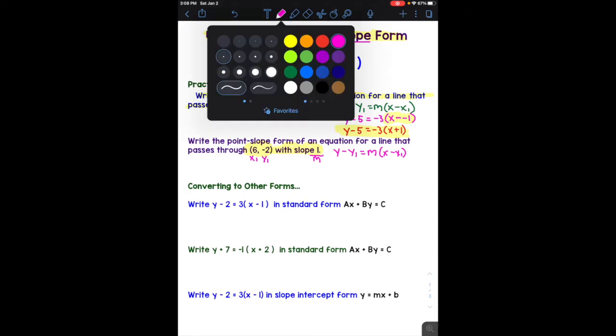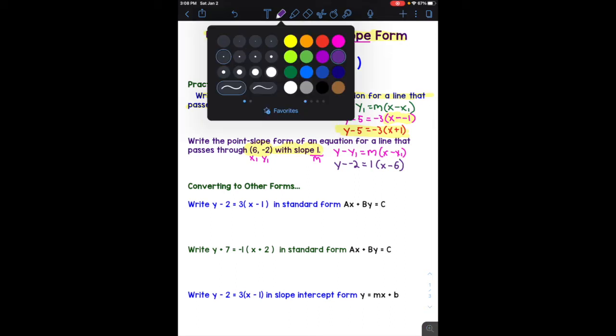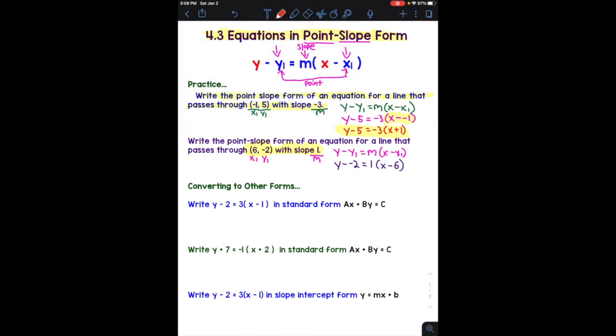So in our point-slope form equation, we'll have y minus the y1 value, -2, equals the slope, 1, times x minus our x1 value, 6. Again, we're going to want to simplify when there are two signs. So y minus -2, we're going to simplify to y plus 2. We always just want one sign.